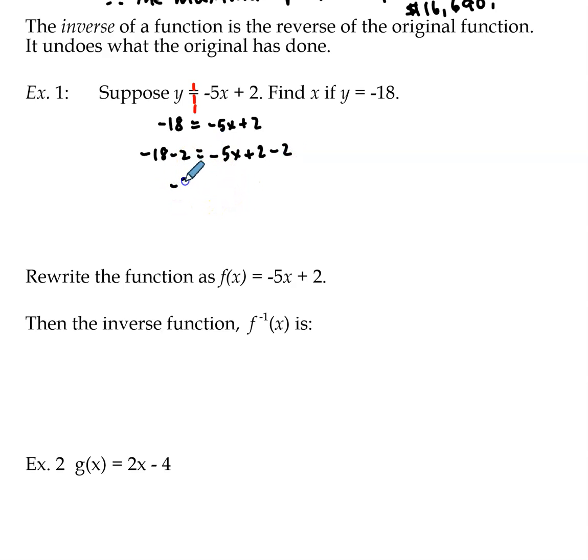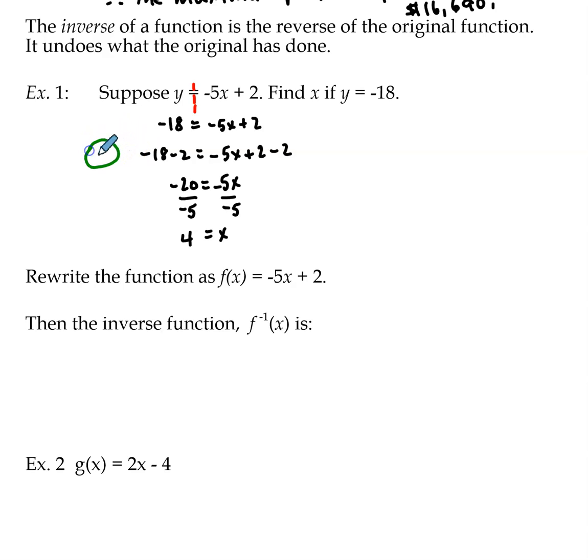Giving me, in order to isolate for my x, I have to divide by negative 5. Resulting in 4.